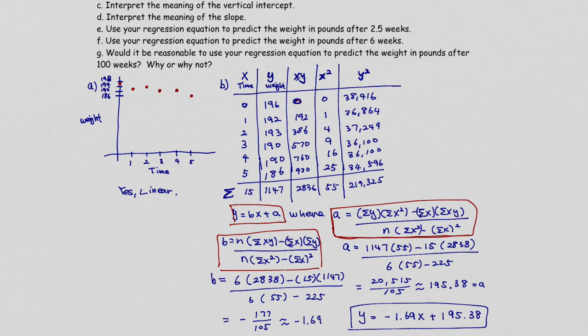Now, E is asking to use this equation to predict the weight after 2.5 weeks, right? And then do the same thing for F, but it will be 6 weeks. So all you need to do is change this X value. For 2.5 weeks, you're going to replace X with 2.5. For 6 weeks, you're going to replace X with 6. So let's try those two.